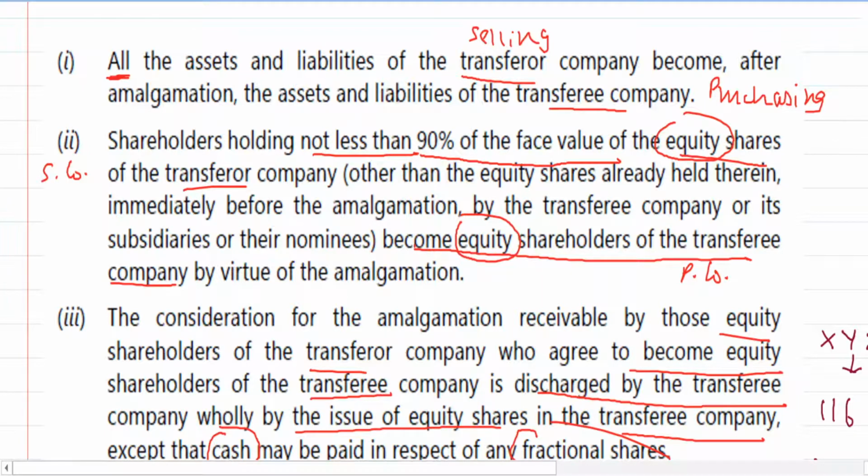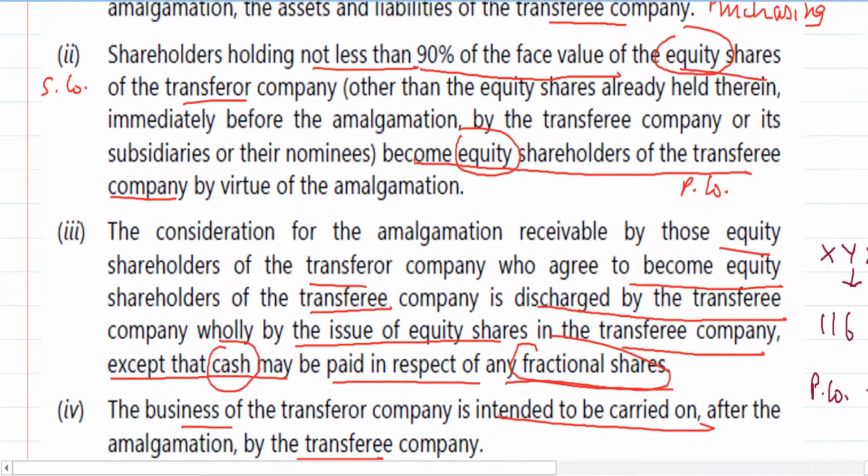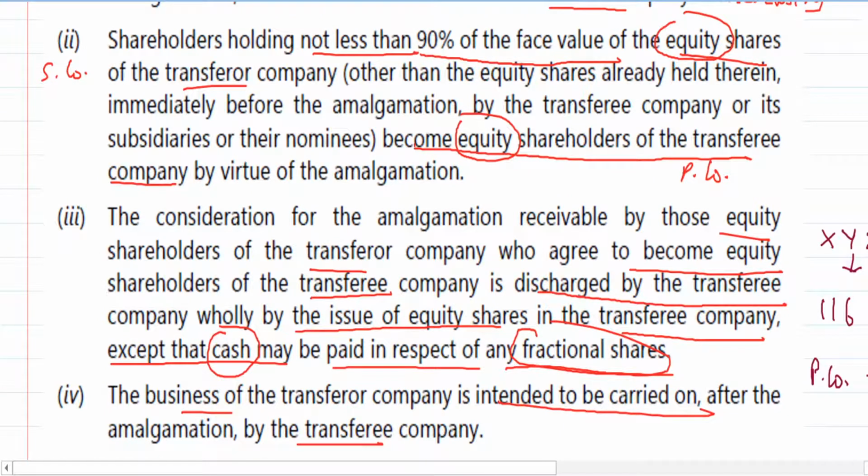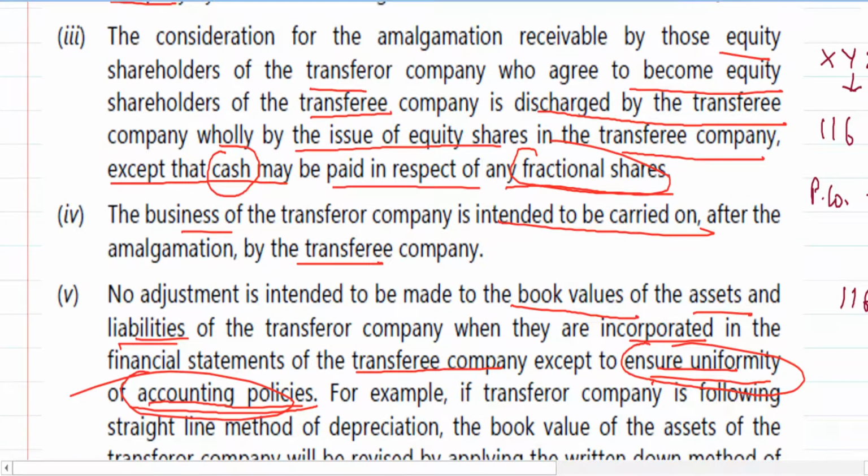Very quickly, conditions. Every asset, every liability of the selling company should be taken over by the purchasing company. Condition number two: at least 90% of the face value of equity shareholders of the selling company should become equity shareholders of the purchasing company. Condition number three.